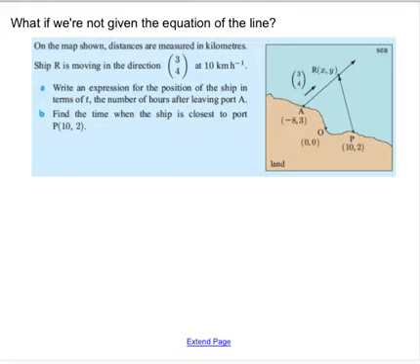And there's 2 elements to this. One is really, really easy, and one we've already talked about when we were going over the homework. Okay? So, here it says, on the map, distances shown are measured in kilometers. Ship R is moving in the direction 3, negative 4 at 10 kilometers per hour. Okay?